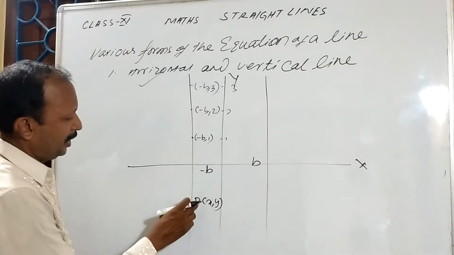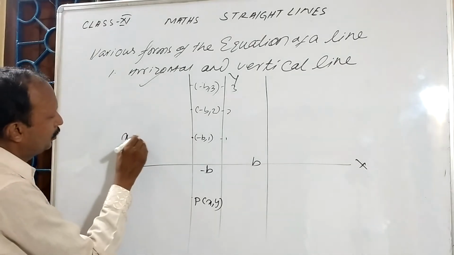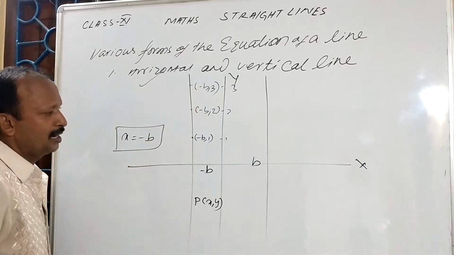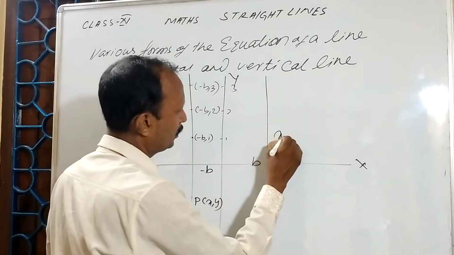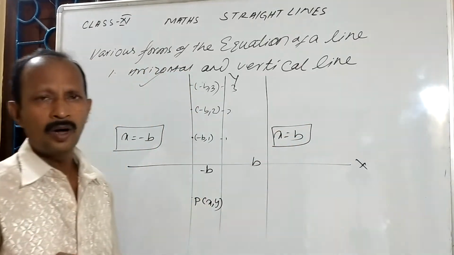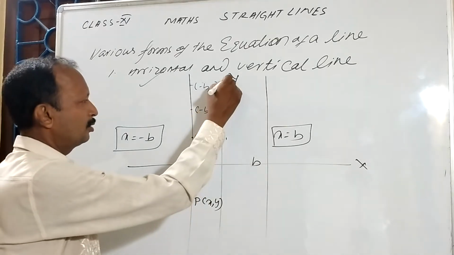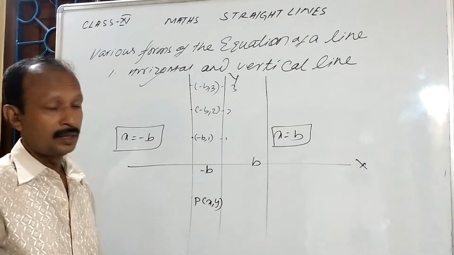So what type of relation are we observing? We are observing x equal to minus b. This is the equation of the line. If on this side, I can say x equal to plus b. Either minus b or plus b is the equation of the line. So what about the equation of the y-axis?